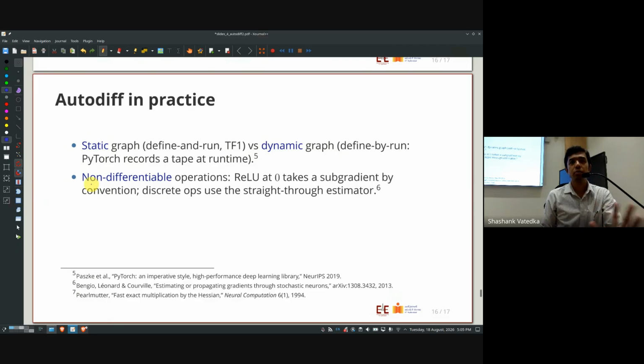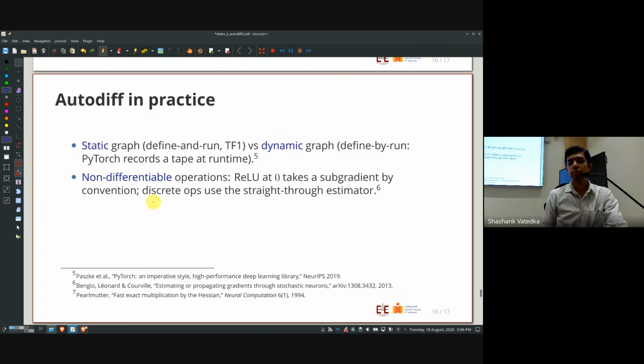Also, coming back to your earlier question about what you do when the functions are non-differentiable, you use a subgradient instead of the actual partial derivative itself. And generally, whenever you have ReLU activation functions, you typically take 0 as the subgradient by convention, although there are multiple subgradients. There are infinitely many subgradients at 0.